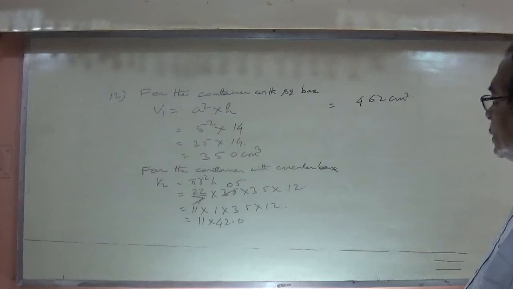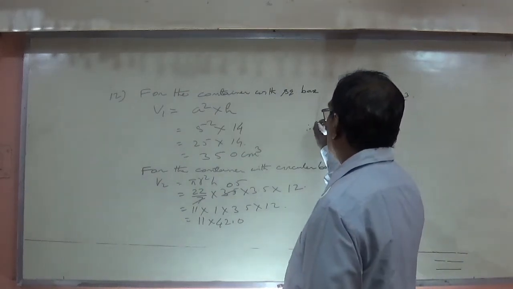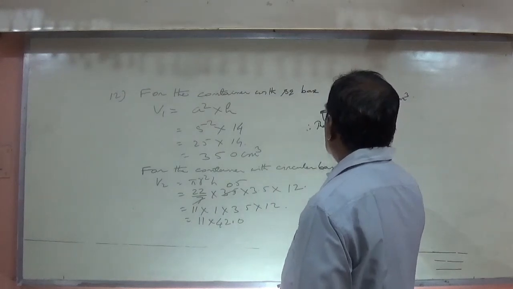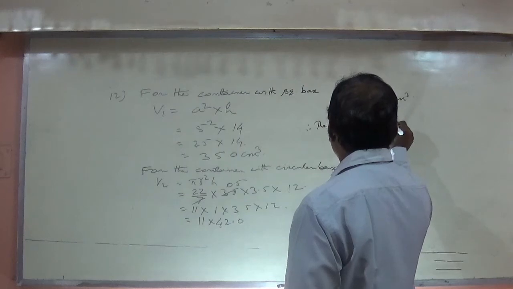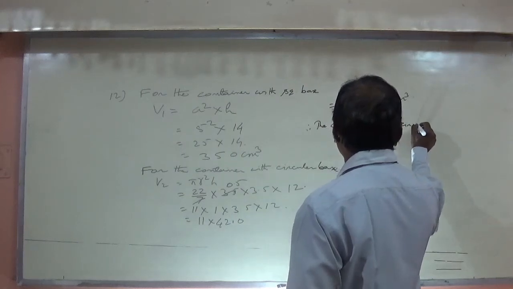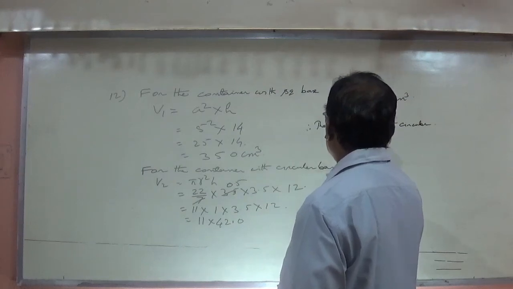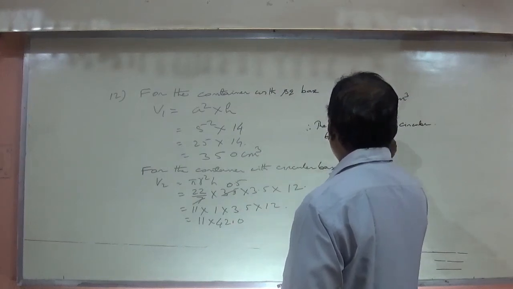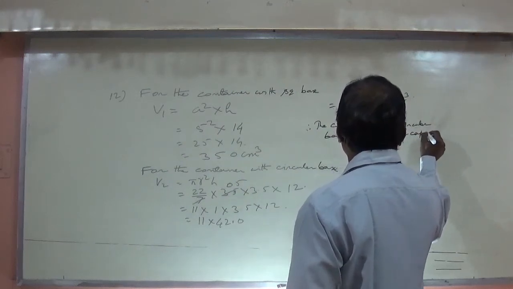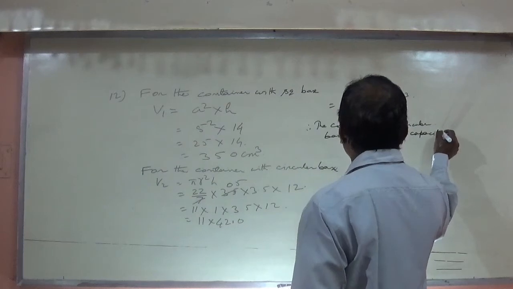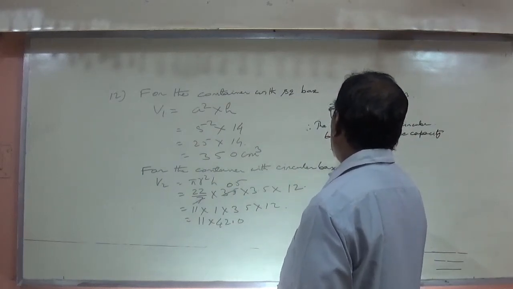So I am finding that the container with circular base has the more capacity. Therefore, the container with circular base has more capacity. And how much more will it be?